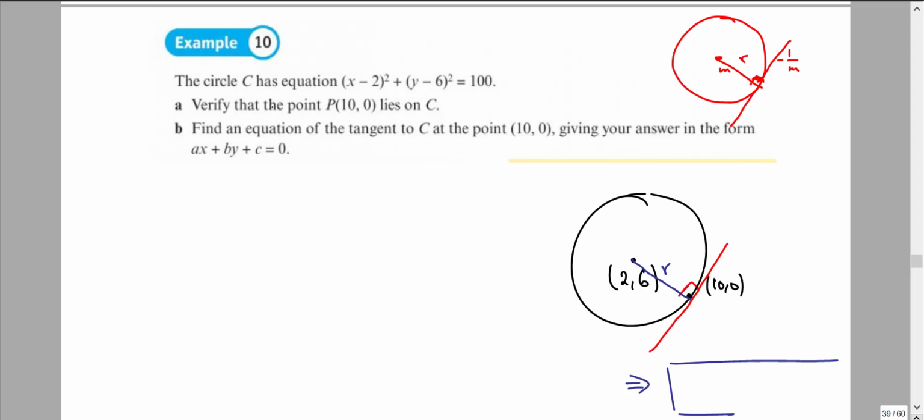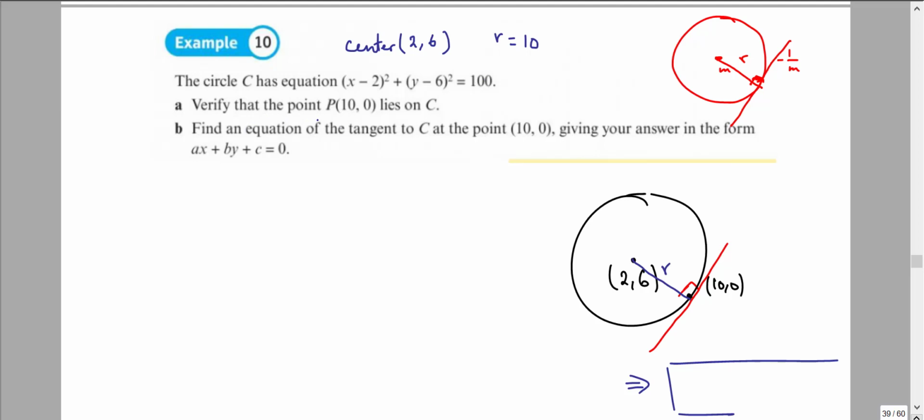You have the equation of the circle, x minus 2 all power 2 plus y minus 6 all power 2 equals 100. This means the center is 2 and 6, right? And the radius is what? The root of this, root 100, which is 10.